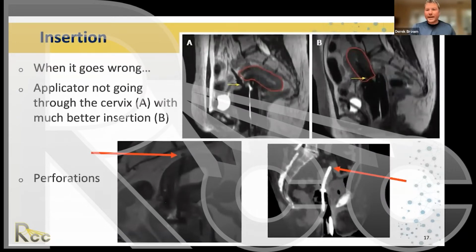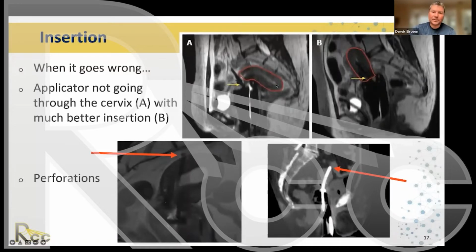The insertion can sometimes go wrong, and it's actually not incredibly infrequent that it goes wrong. Patients have very variable anatomy. It can sometimes be difficult for the person placing it, typically the radiation oncologist, to tell what's going on because it's difficult to see things during the insertion. Here are some examples where the insertion has gone wrong.